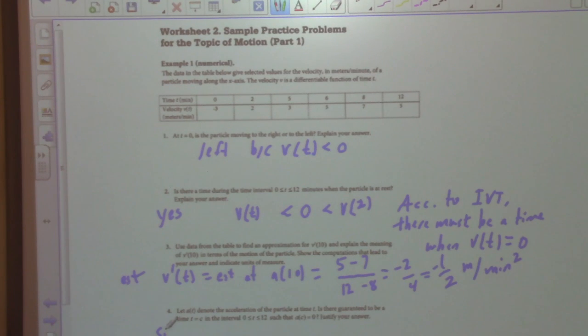So you'd say since V of 6 equals V of 12, according to, and at this place you could say mean value theorem or Rolle's theorem, but I'll say mean value theorem, there must be a time such that A of c equals 0. A time when A of c equals 0. All right?